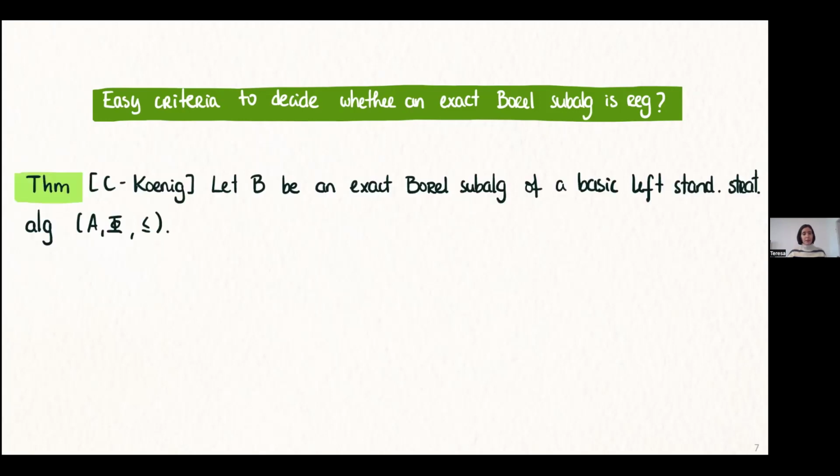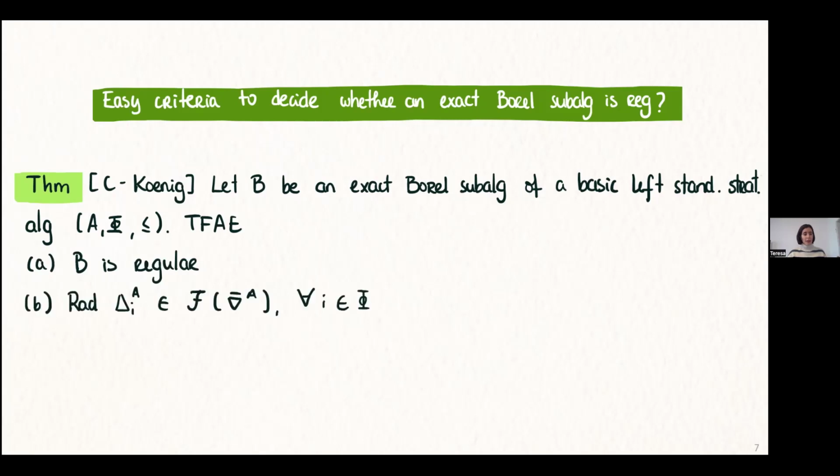And unfortunately, we just have an answer for this in the case of basic left standardly stratified algebras. Together with Steffen Koenig, we have proved that if B is an exact Borel subalgebra of a basic left standardly stratified algebra A, then the following are equivalent. B is regular. The radical of every standard module is filtered by proper co-standard modules, and the Cartan matrix of B is the matrix CB of A that we have seen before.